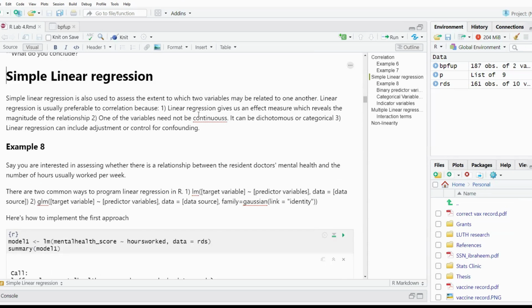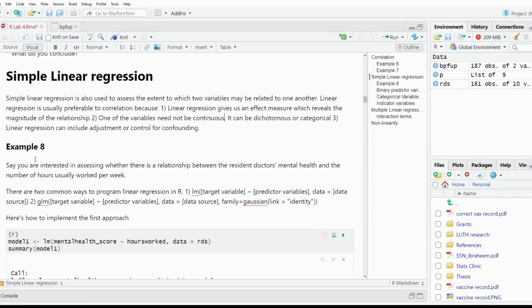So here, the points I was just talking about are right here. When you go back to review this lab, you can also read this. It's essentially the same thing I was just saying. So simple linear regression is basically a correlation that goes further, where we're able to standardize the relationship, we're able to include other variables if we want, and we're able to obtain what is called the beta coefficient.